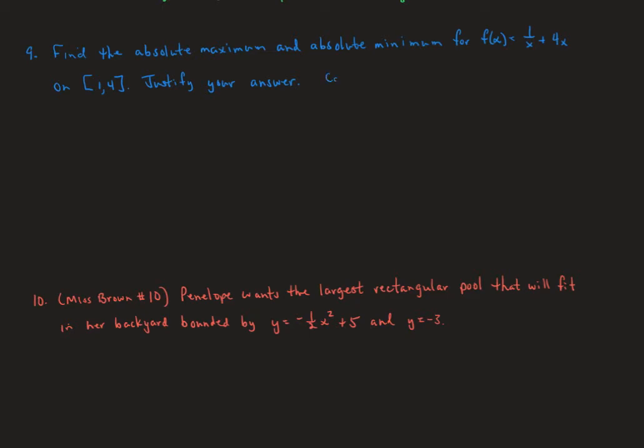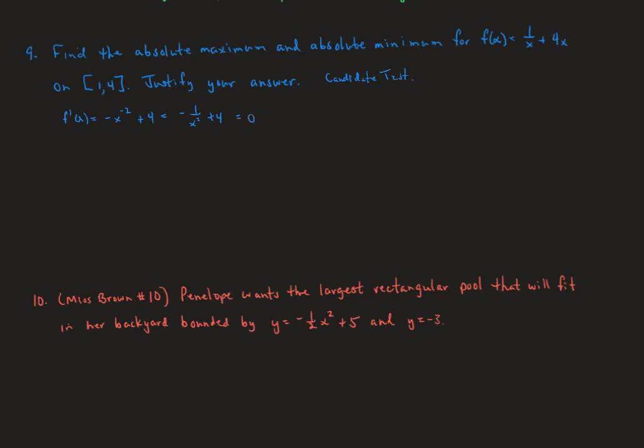So we're going to use what we call the candidate test, and this is going to be our justification. So we're going to take the derivative, f prime. The derivative of x to the negative 1 is negative x to the negative 2. The derivative of 4x is 4, so that's negative 1 over x squared plus 4.